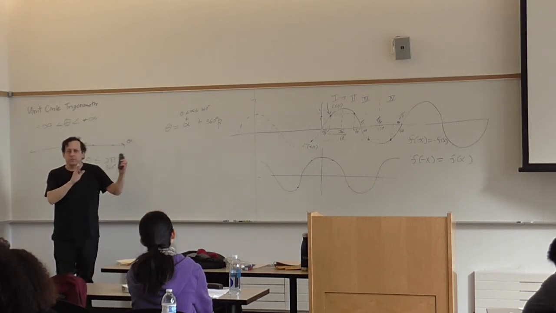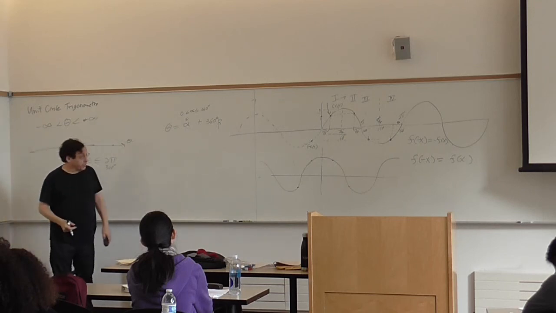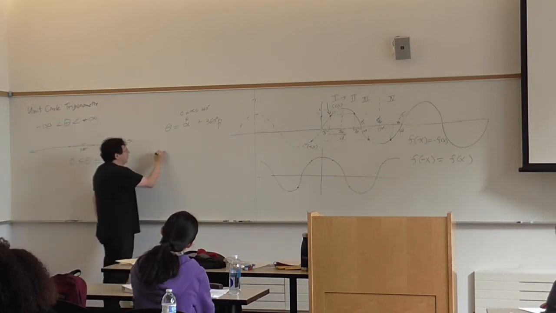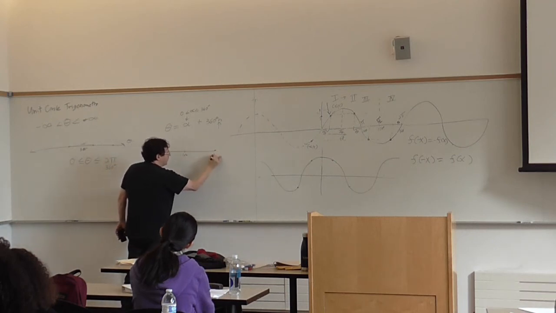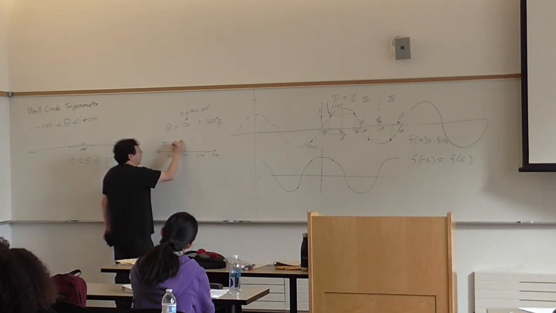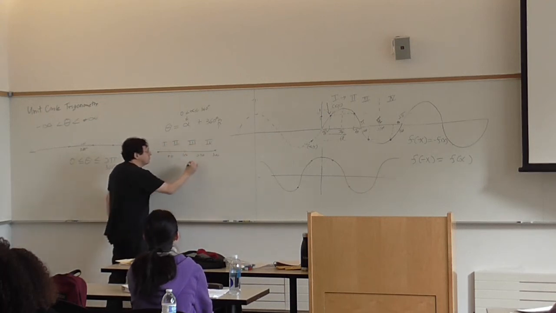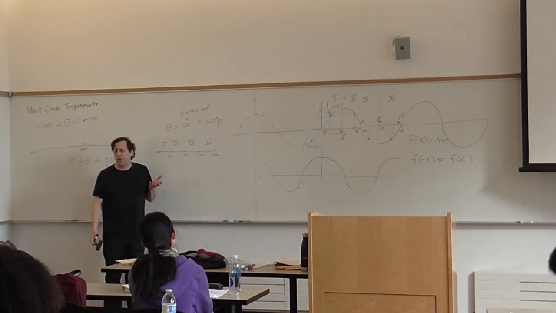Kind of move it to where I can find the sine and cosine within this 360 degrees. 180, 360, 270, 90. I have my 4 quadrants. And between here and here, I can find the reference angle. That's going to tell me the sine and cosine.